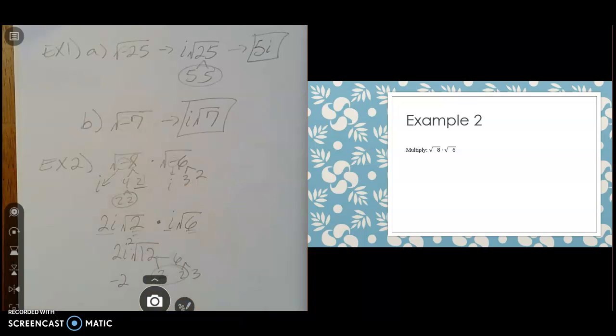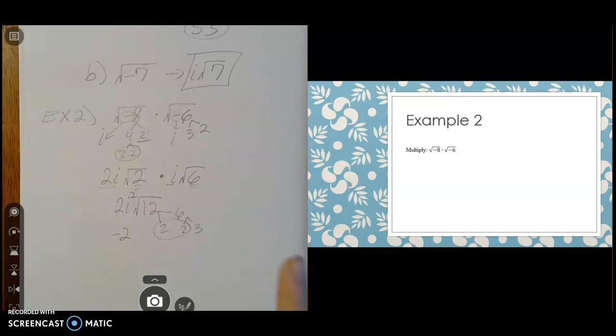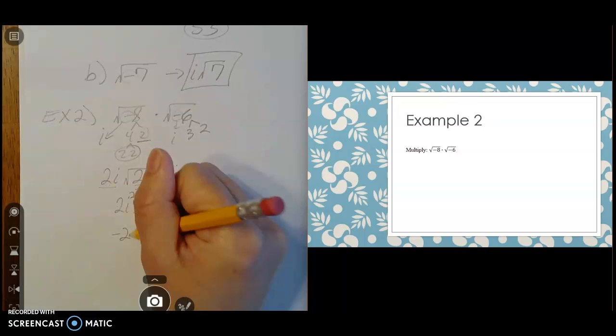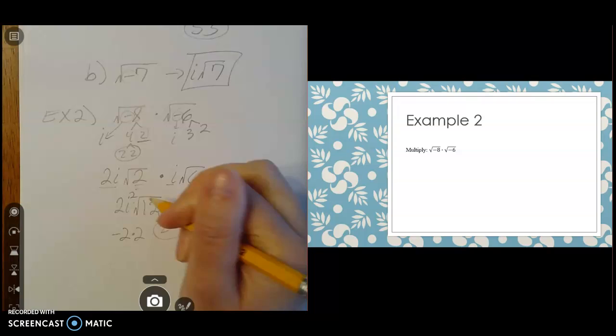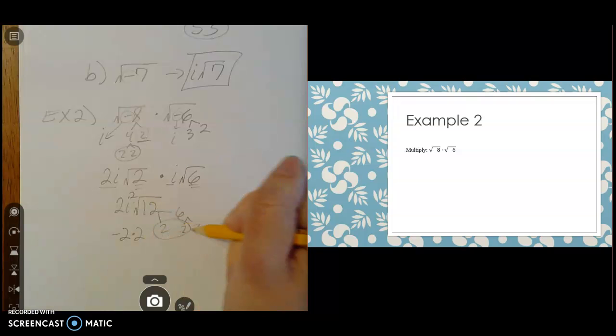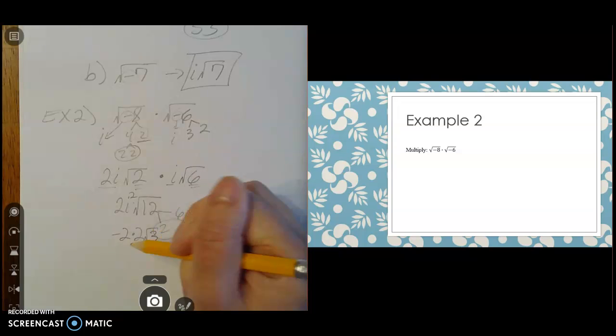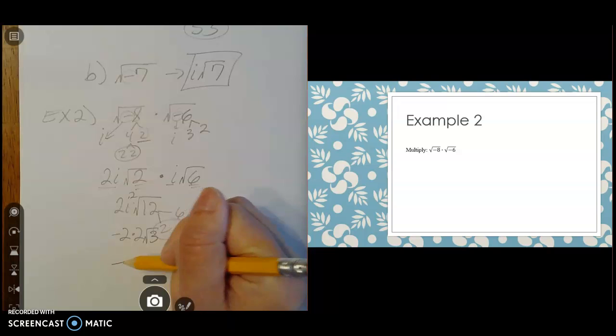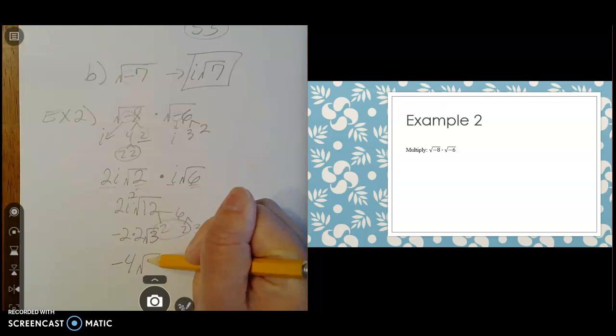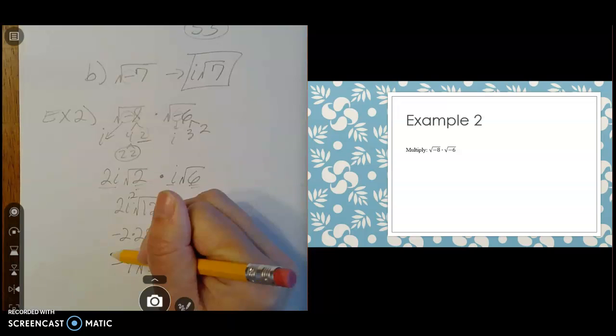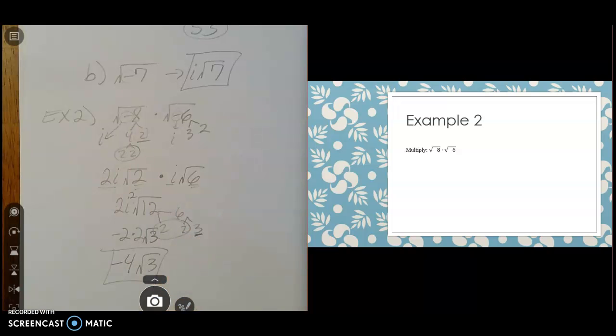And now I've got a pair of 2's that I can bring out, which is pretty great. So I'm going to do the 2's from here and multiply it by that -2 that's already on the outside. And then this little 3, who didn't have a group to get put in, stays underneath the radical. So -2 times 2 is -4, and then that would be multiplied by the square root of 3. And that's how this one would work out.